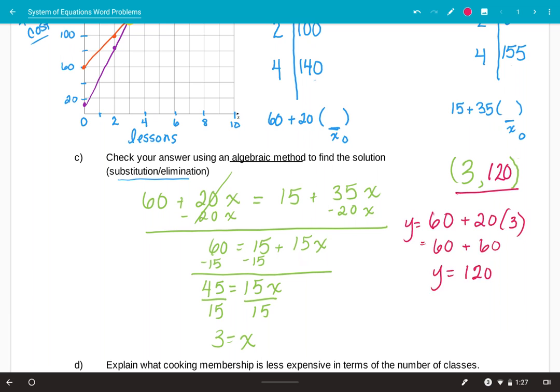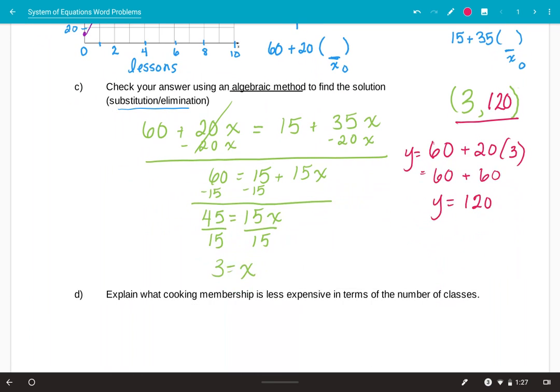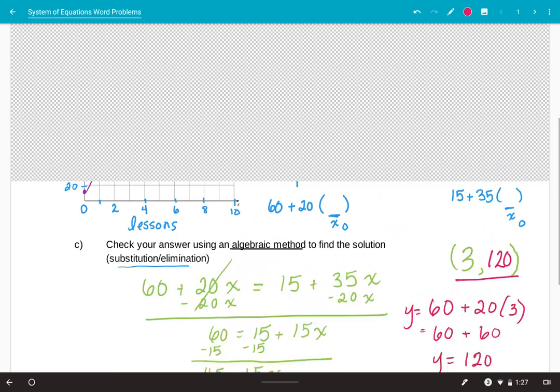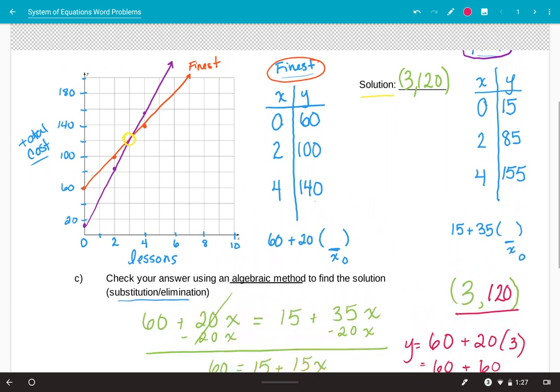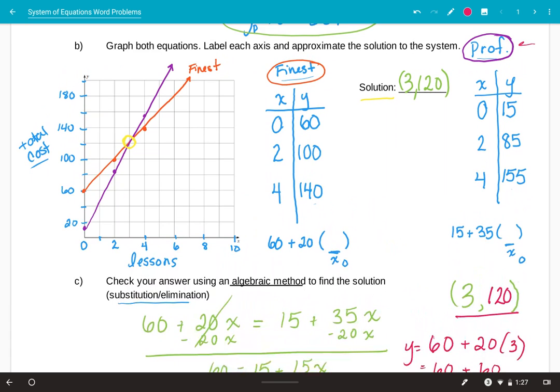And the last one, explain which cooking membership is less expensive in terms of cooking classes. Well, we talked about that. So if you're only going to do 2 classes or less, I would actually do the professional because it's cheaper.